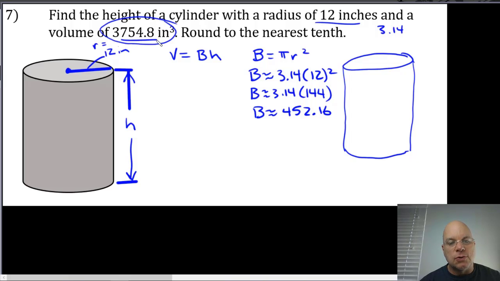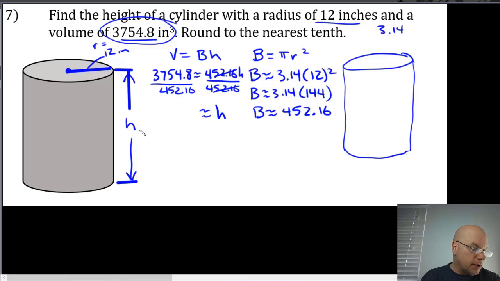So I can actually substitute this volume into this formula. 3,754.8 is approximately equal to 452.16 H. And so in order to find H, I just divide both sides by 452.16. That will give me 1 H, which is what I want to know. H is approximately this quotient.